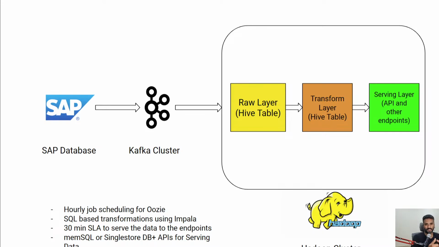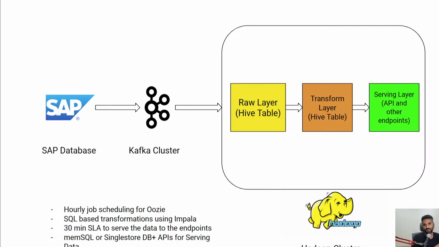Data streaming basically means every event will be streamed as soon as it happens. There is another way of accessing the data called batch process, which we will discuss a bit later. But this is one of those pipelines or architectures where the data used to flow as soon as the operations on the database happened.